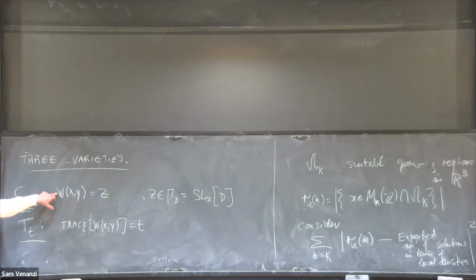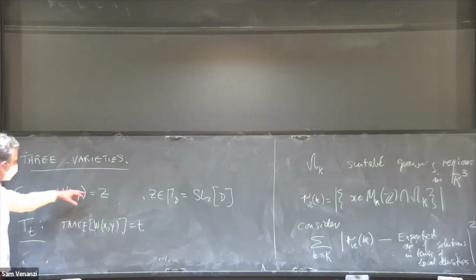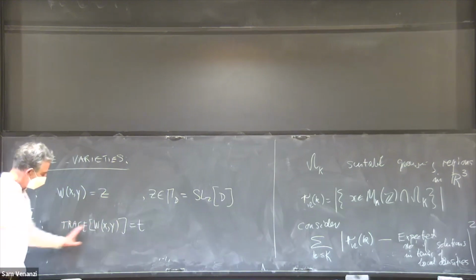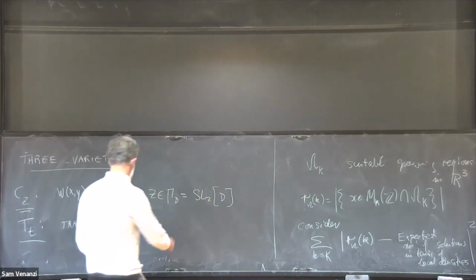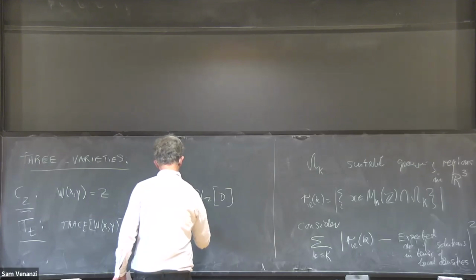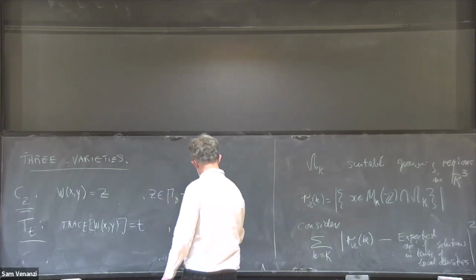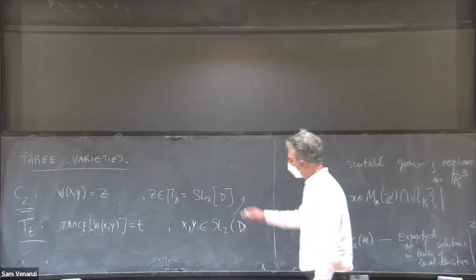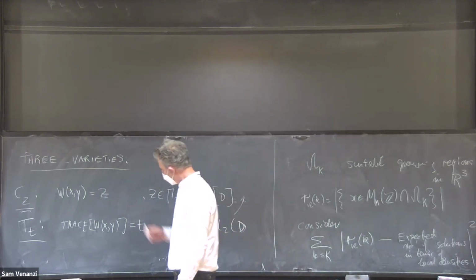This is an equation for x and y, and it only depends on the conjugacy class of z, and you can divide by simultaneous conjugation, as we always do in these character varieties. The trace, of course, preserves that. So we solve for x and y. Always you're solving for x and y here in SL2 of D. Here we fix z and we ask, is there a solution?